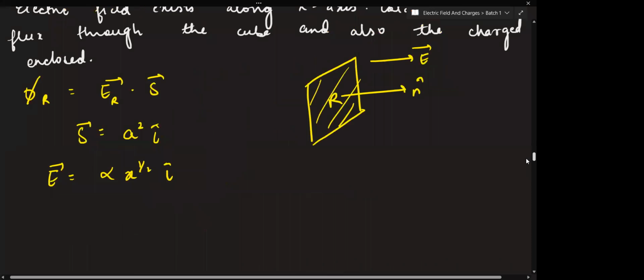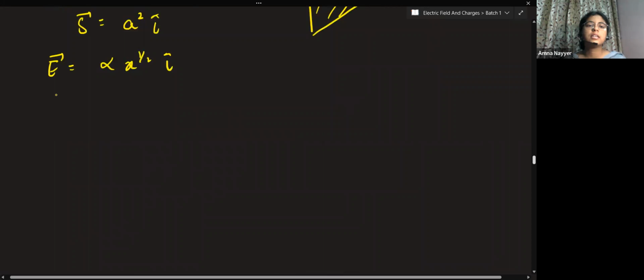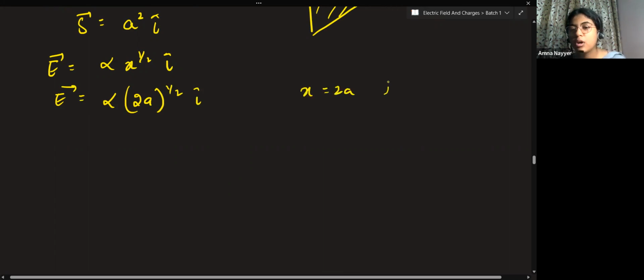See, we know the value of it. So the electric field will be what? Alpha 2a to the power half I cap. Why? Because x is equal to 2a for the right hand side face. So E is alpha root 2a I cap.